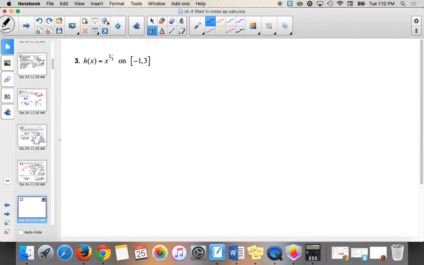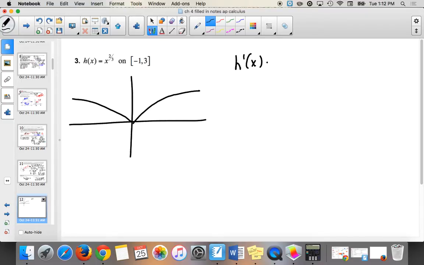And then this last one, x to the 2/3. Do you guys remember what that looks like now? It's a good one to put on a flashcard. It's right there on the board. I did it at the beginning of class. It looks like this. If you did not know that one, it looks like it's continuous. There's not a place where we have a denominator or square root, right? But if you actually try to find the derivative, you get 2/3 x to the negative 1/3, which makes it 2 over 3x to the 1/3.